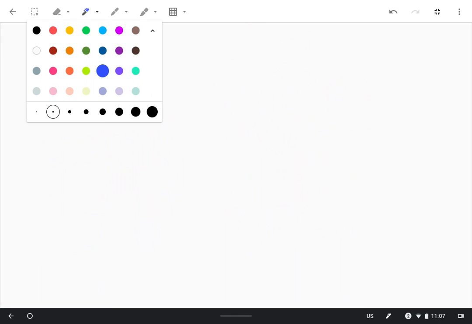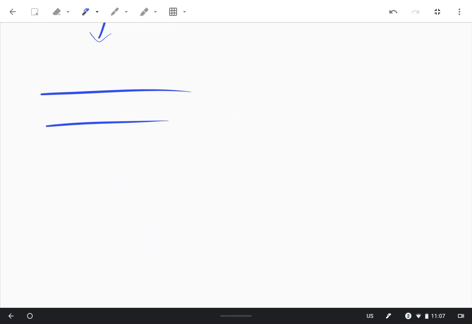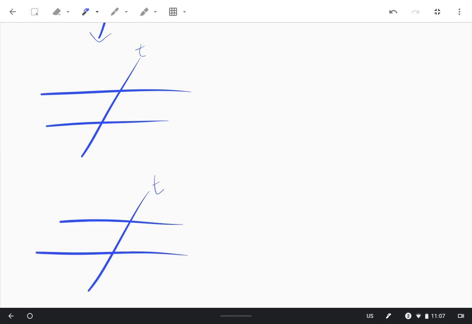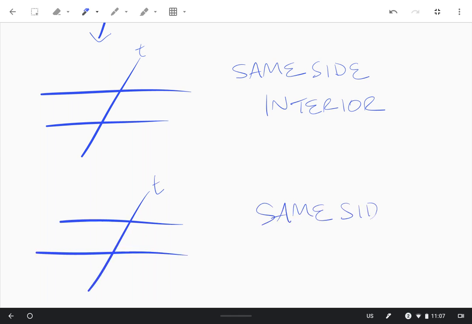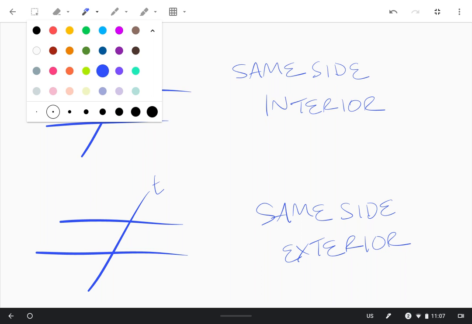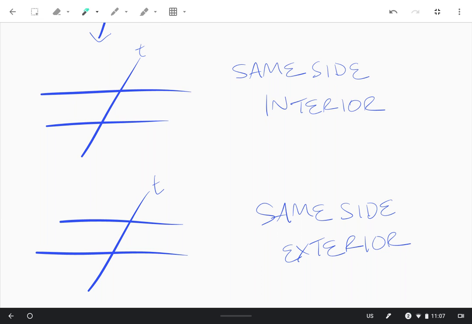So what about same side? Okay, it's our T line right here. What about same side interior and same side exterior? Same side interior means the angles are on the same side of the transversal line. So it would be like this angle and this angle.